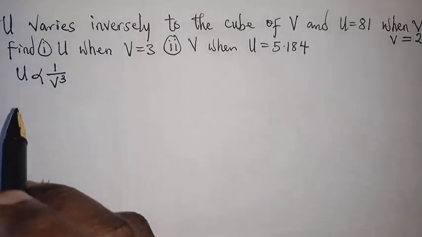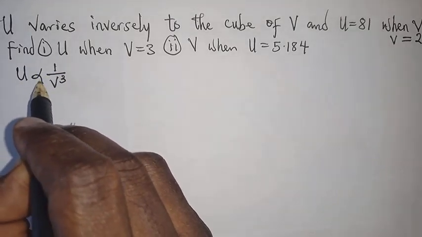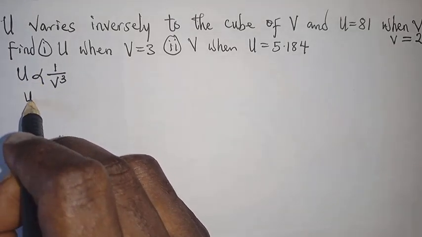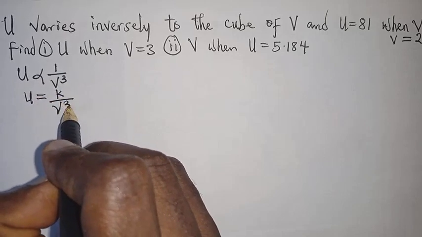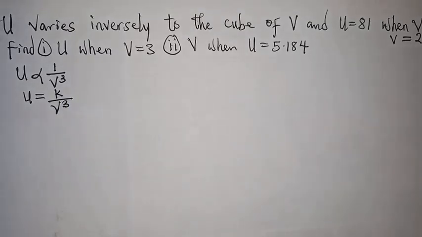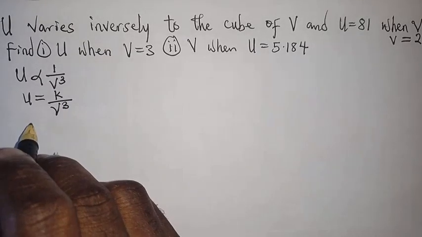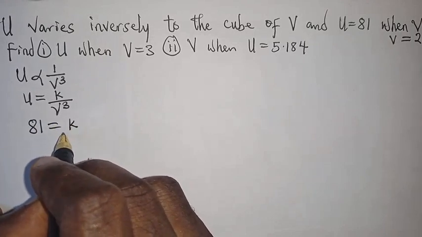And remember, we said that you always need to take off the proportionality sign and introduce the constant of proportionality. Now, the other part of the question says u is 81 when v equals 2.